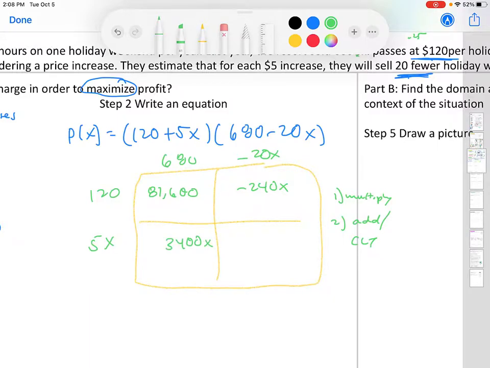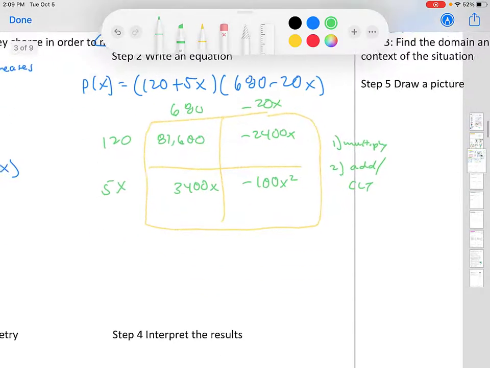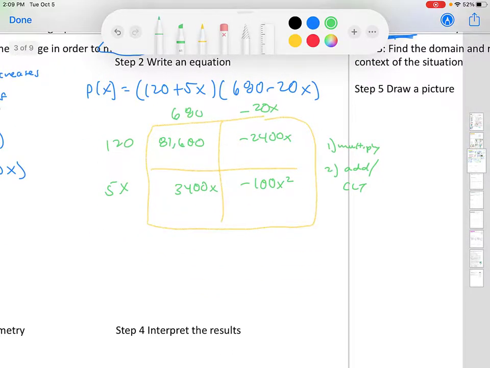I missed a 0 on the top one. And then 5x times negative 20x is going to be negative 100x squared. So we'll just write this one as a constant. There's no other x's in it, so that would just become 81,600.